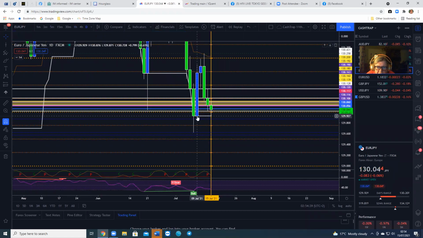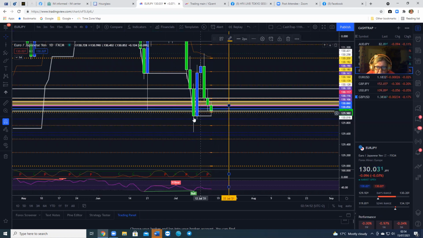So it came back down. So we had a big buy candle. This is on the daily. Just move that out of the way for you. So it's just touched the open of the previous few days ago as it's probed to the bottom.